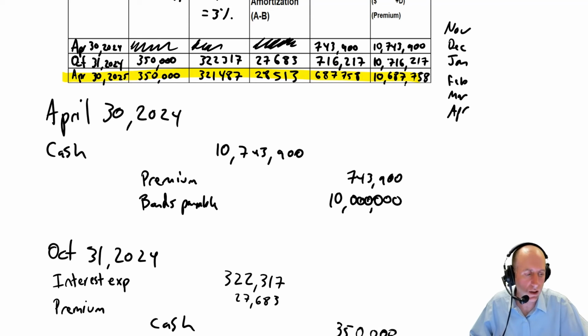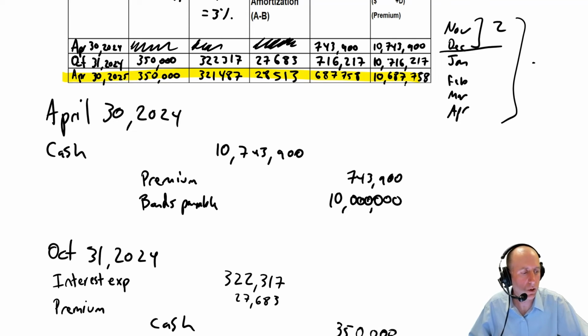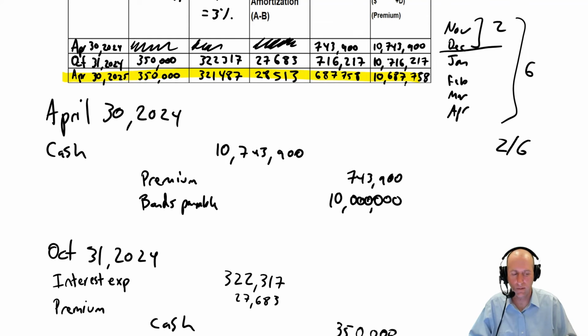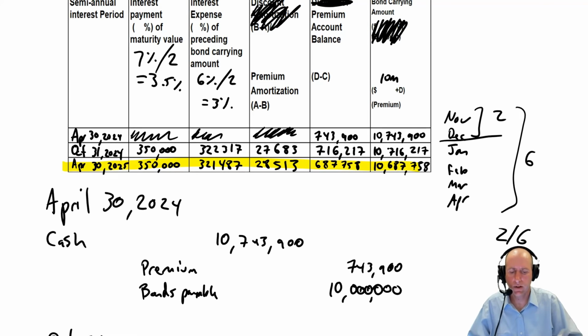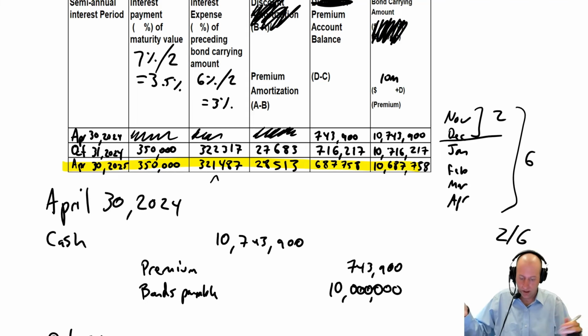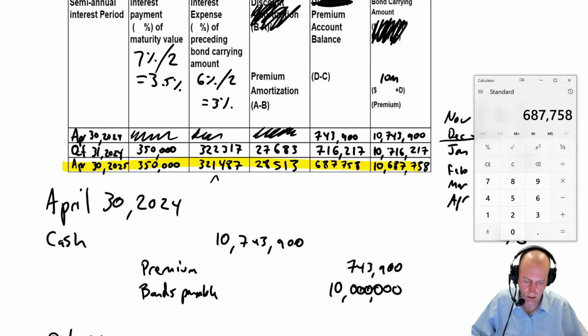Now our fiscal year end happens here. We're interested in December 31st, so we're interested in these 2 months out of a total of 6. We're interested in 2/6 of whatever's going on here. So for instance, we're interested in this interest expense, but because it's only 2 months, we're interested in 2/6 of that interest expense.